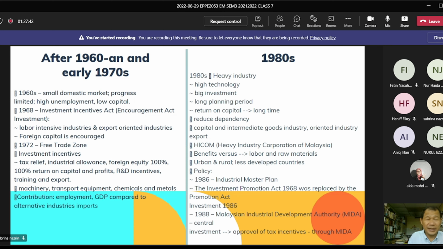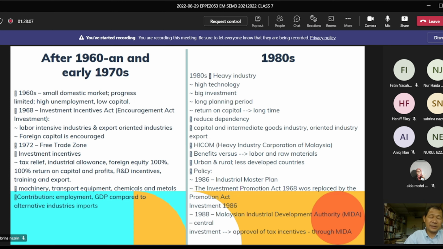Yes, with this 1972 there was a liberalization in the Malaysian manufacturing policy. Before that, especially post 1971, DEB, New Economic Policy, Dasar Ekonomi Baru.